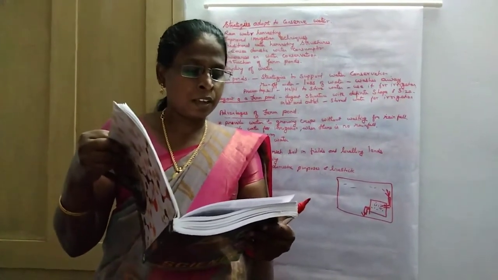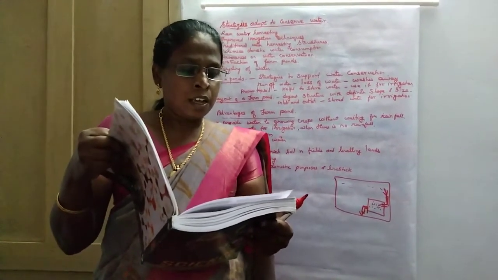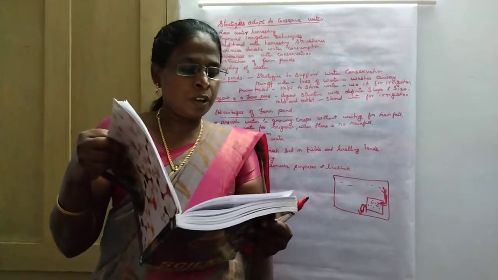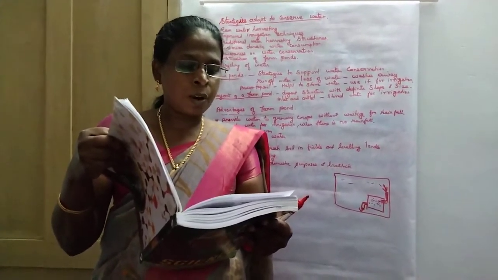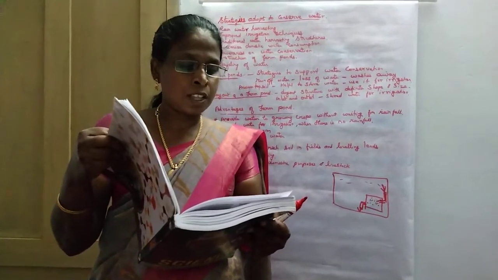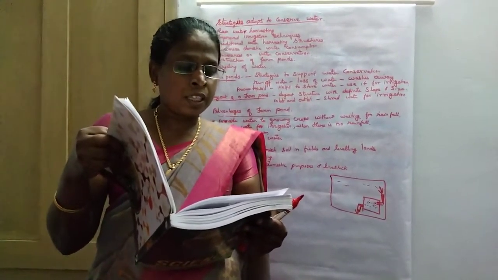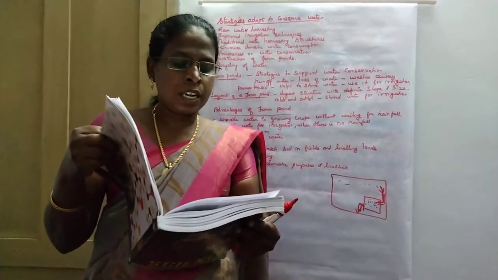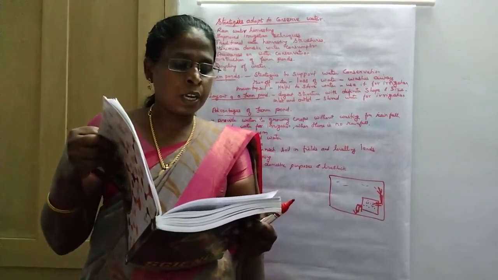In that para, second line: this helps them to live in narrow burrows underground and for easy penetration into the soil. Here strike out 'this' and write streamlined body.